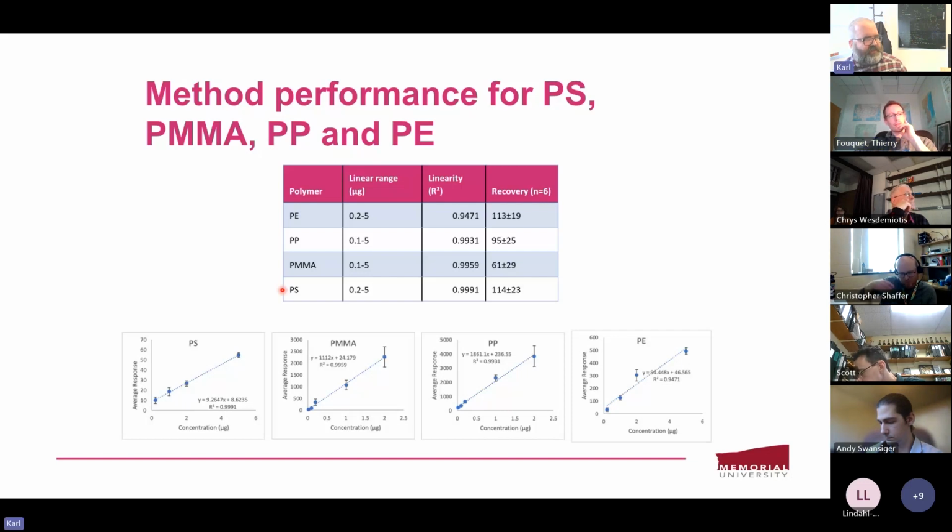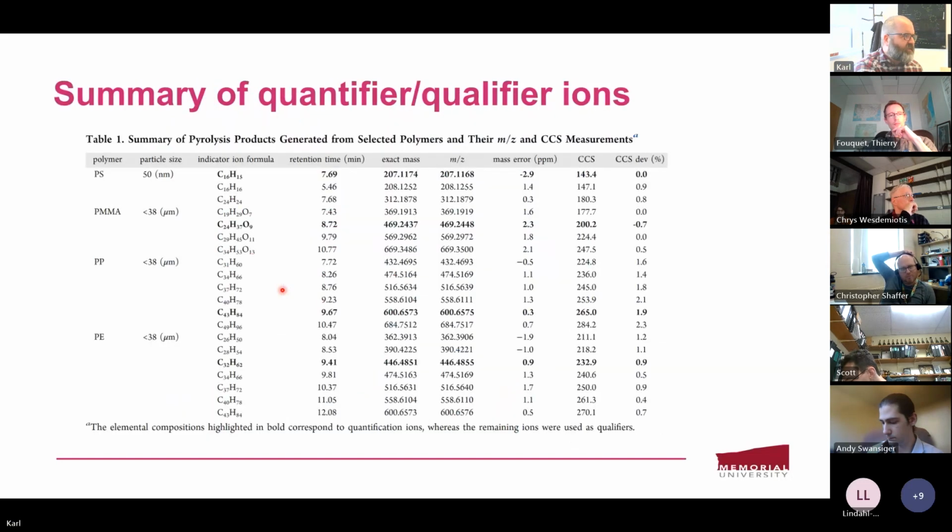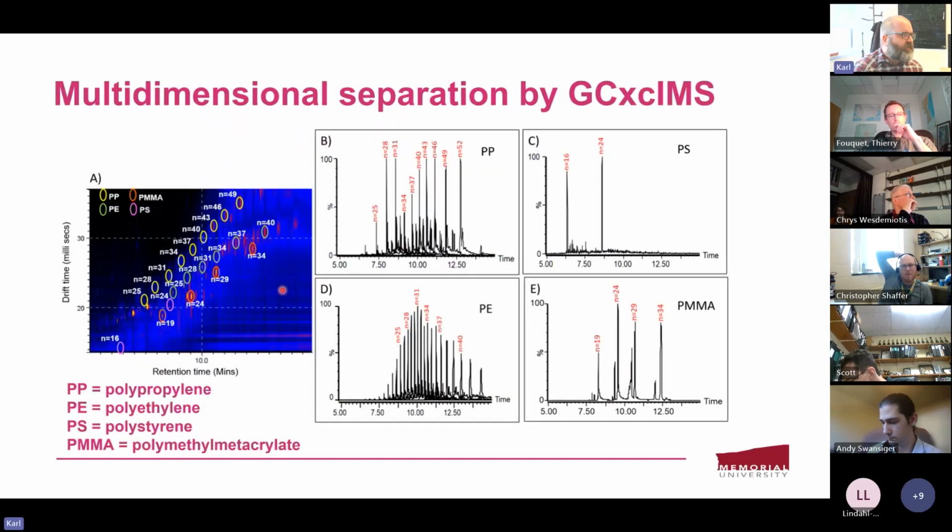So I get the impression that polystyrene behaves quite similarly between EI and APCI. If you look at the picture, polypropylene and polyethylene, we don't have an EI system, so I'm only going based on anecdotal evidence of talking to people.